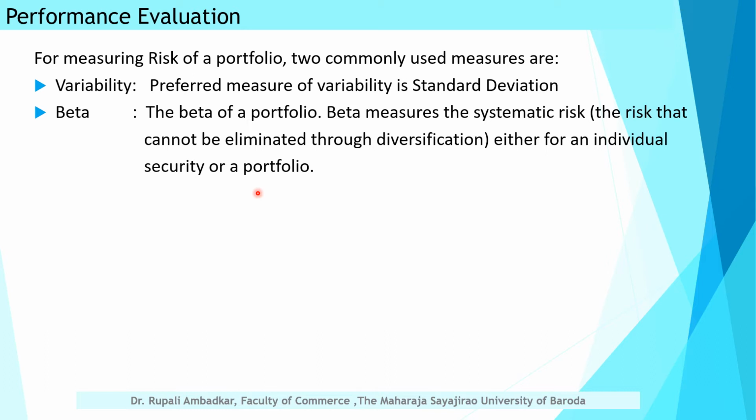This unique risk can be washed away by combining different stocks in a portfolio. Whereas the beta of a security or portfolio measures the systematic risk, that risk which cannot be eliminated through diversification.